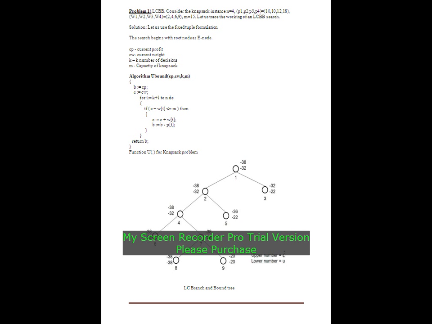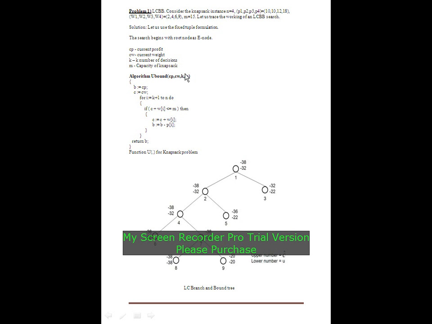So for going through this algorithm, first we have to assign the variables: Cp is the current profit, Cw is the current weight, k is the iteration value for number of decisions we have to take, and M is the capacity of the knapsack. So you have to pass these values. Initially these three are 0 and you have to pass the M value, that is the knapsack capacity.